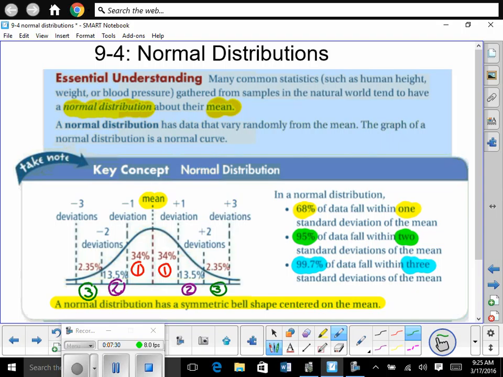So then they don't list it in here, but what leftovers do we have to go below 3 standard deviations? So if 99.7% of the data will fall within 3 standard deviations, what percent of the data will not? So let's think about it. Isn't there 100%? So 100% minus 99.7, because 99.7 go within 3 standard deviations.